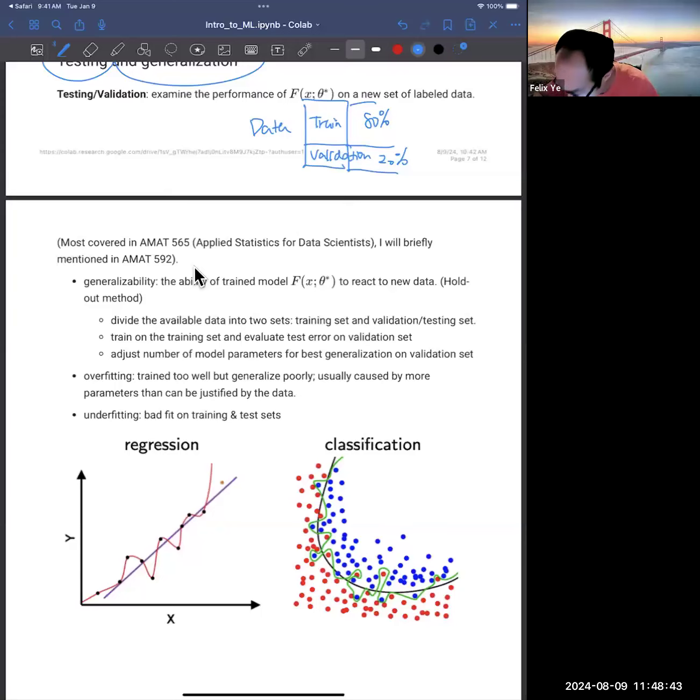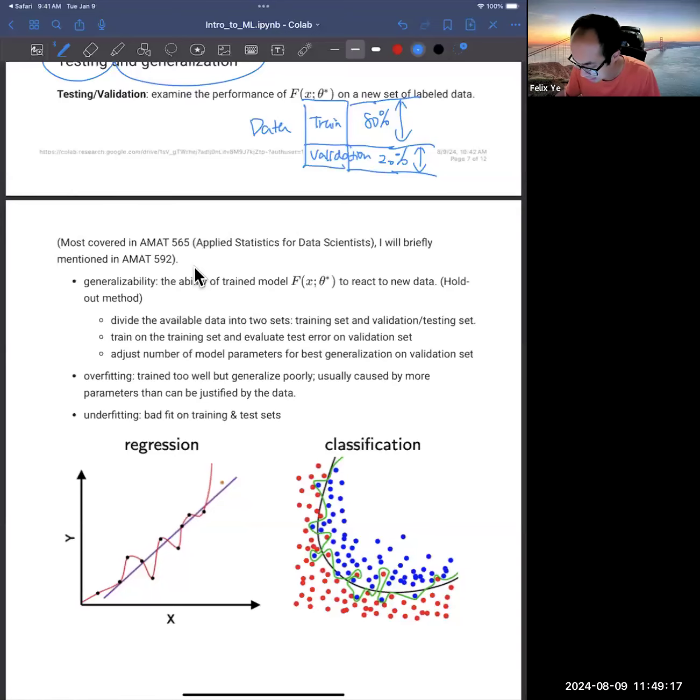So what you do is you train your models on this 80% training data set and evaluate the test errors on this validation data set, because this 20% is never seen during the training process, so the validation data set gives you a good idea what kind of error the model will have if you have a new set of labeled data.